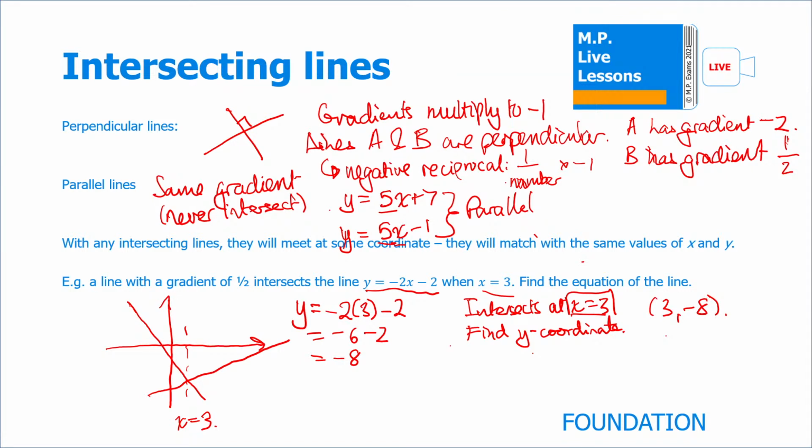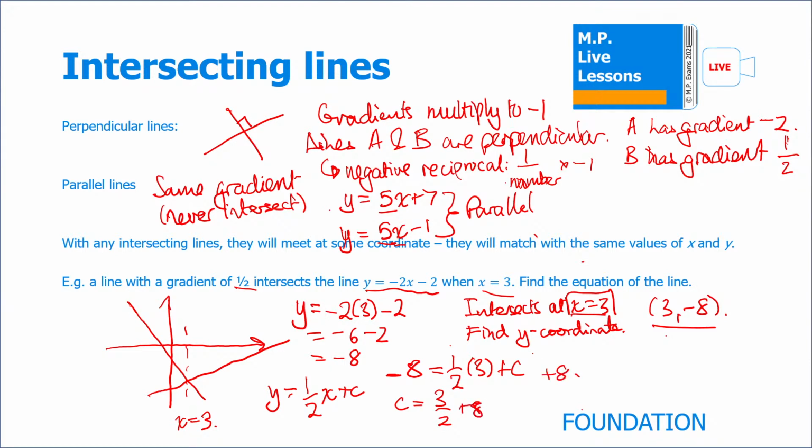The equation that we're trying to find has a gradient of a half. So we write down a little template: y equals a half x plus c. And we substitute this into this equation. So we have the y coordinate, negative 8, equals a half times 3 plus c. c would be equal to 3 over 2 plus 8.